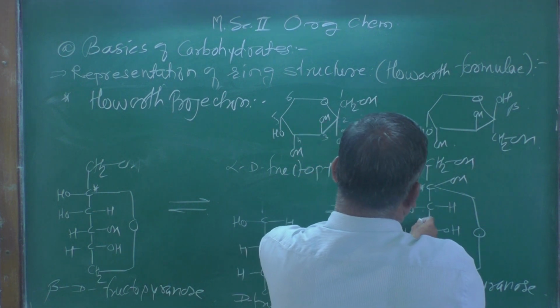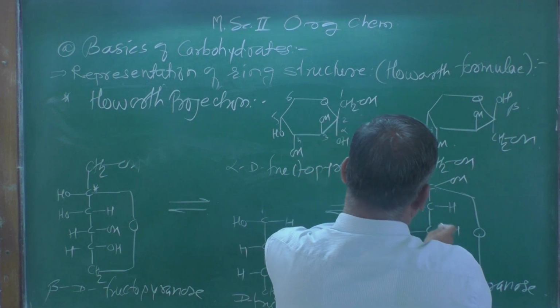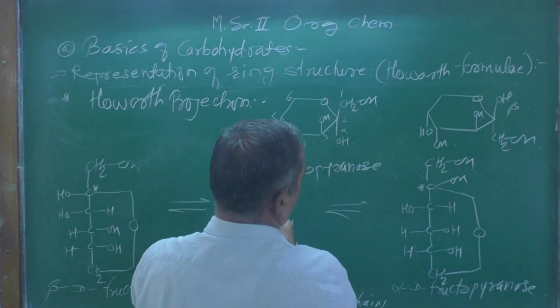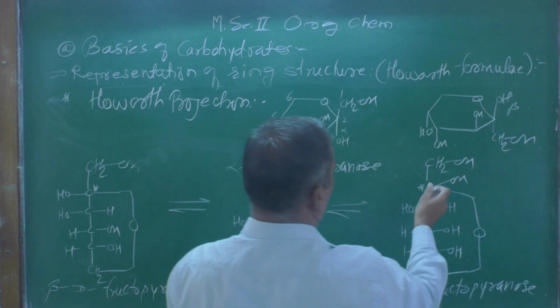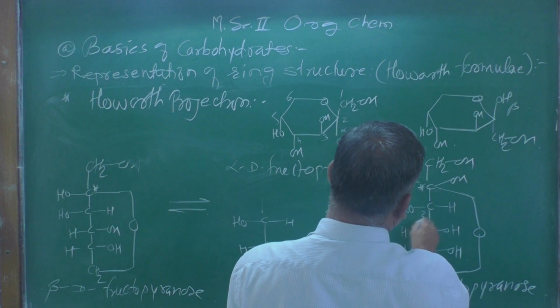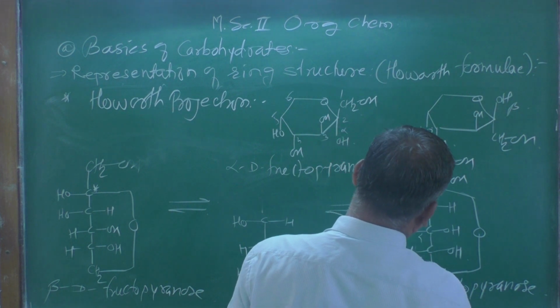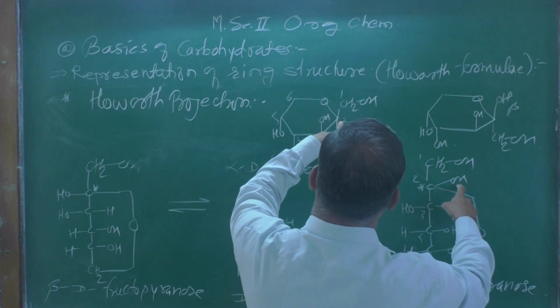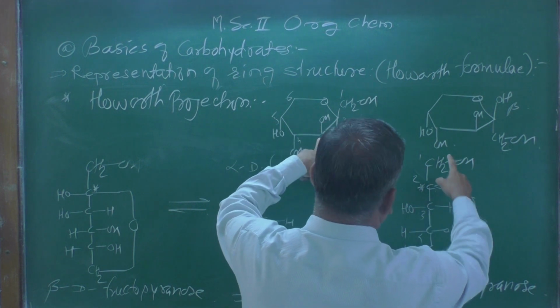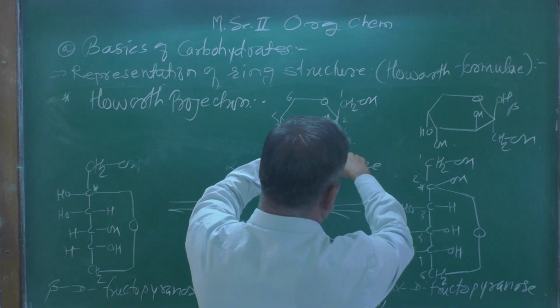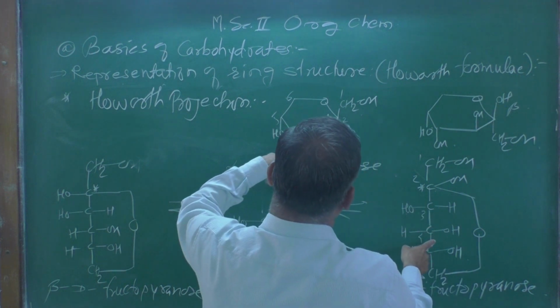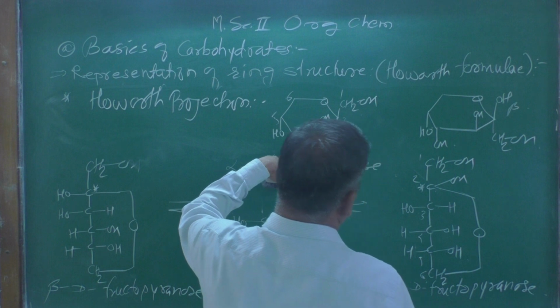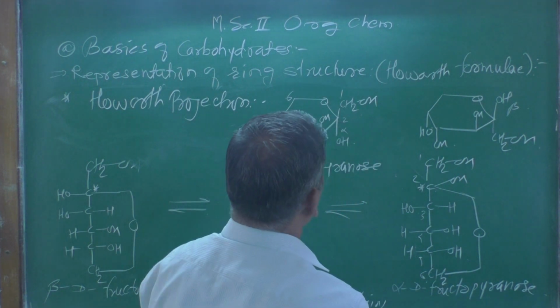Suppose the carbon numbers are 1, 2, 3, 4, 5 and 6. At carbon number 2, the hydroxy is below, above. At 3, above, below and below. 5 also is below.